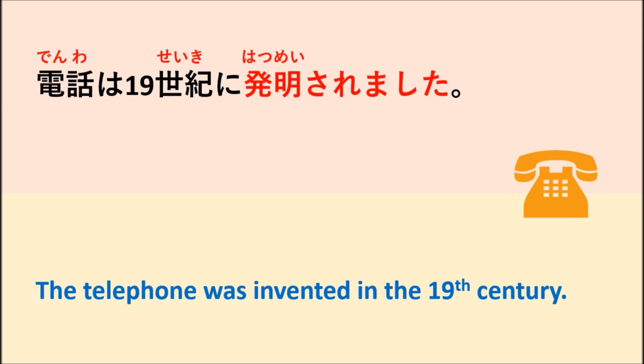We don't want to say who invented the telephone, so we just say it was invented in the 19th century. So we don't say the person who invented the telephone. This is about how to use the passive verbs.